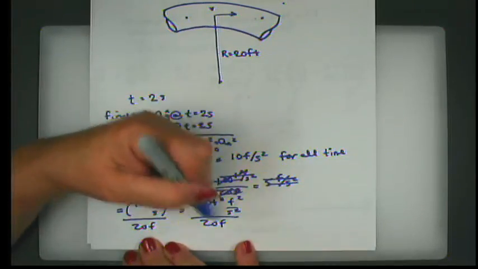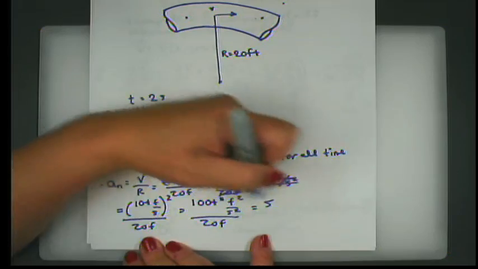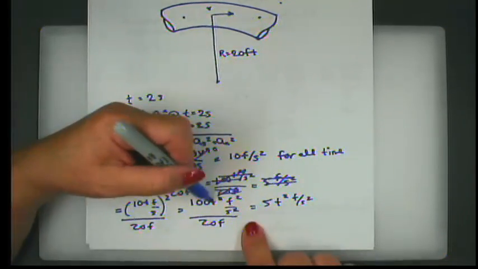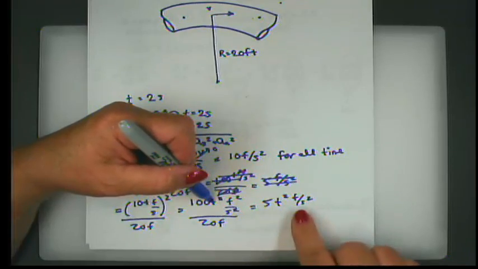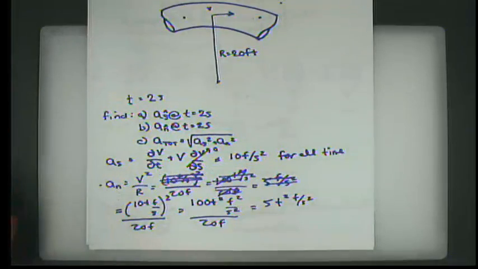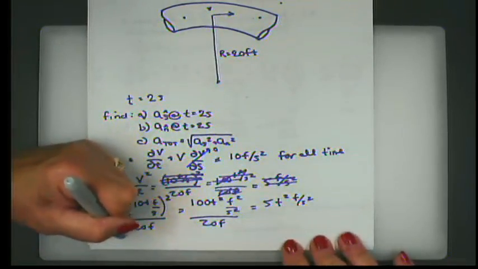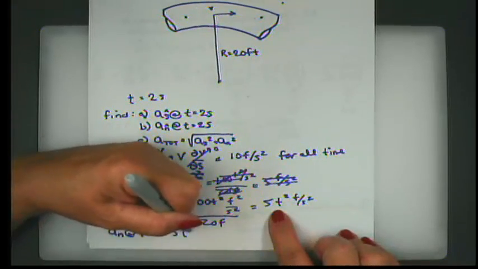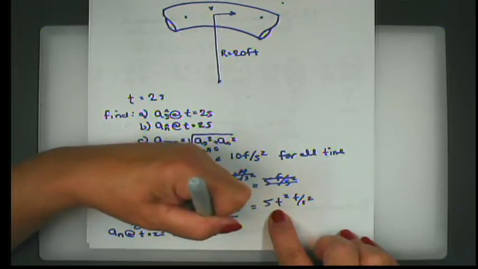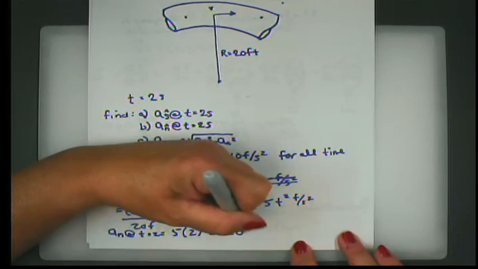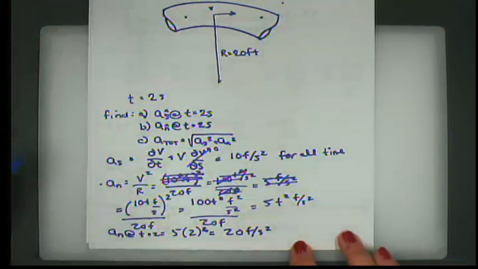Well, this is 5 t squared, feet per second squared. I've already taken care of those units, so we've got that. But at 2 seconds, what does that mean? So a sub n at t equals 2 is going to be 5 times 2 squared, which is 2 squared is 4, and 5 times 4 is 20 feet per second squared.